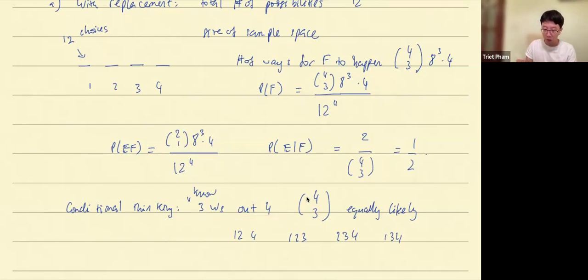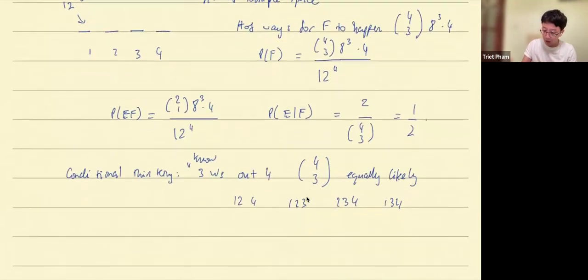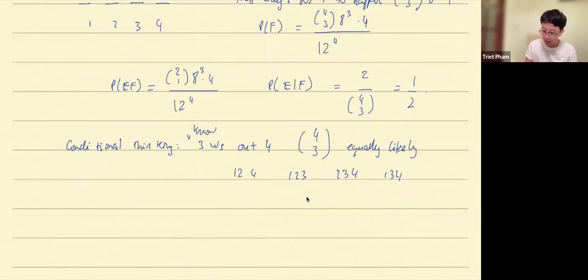Now, what do you want? You want a white on the first and the third. How many of them are there? Here's a white on the first and the third. Here's another white on the first and third. So therefore, it's going to be 2 out of 4 choose 3, which is exactly 1/2.